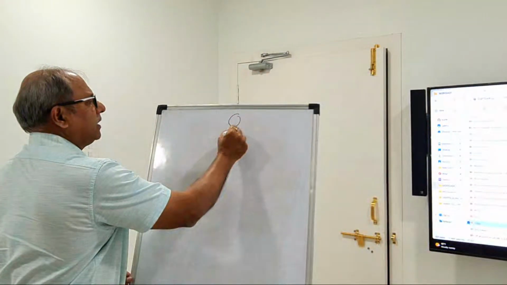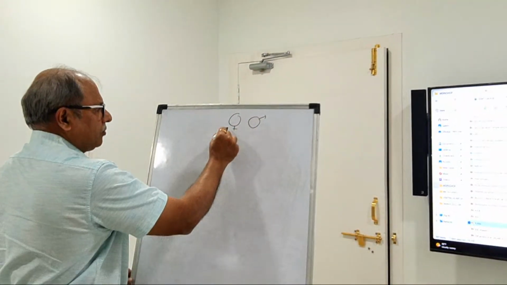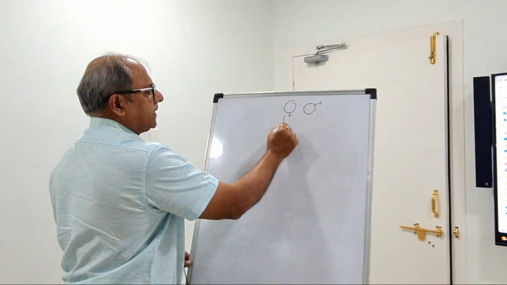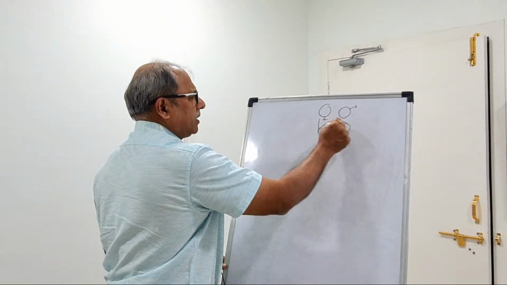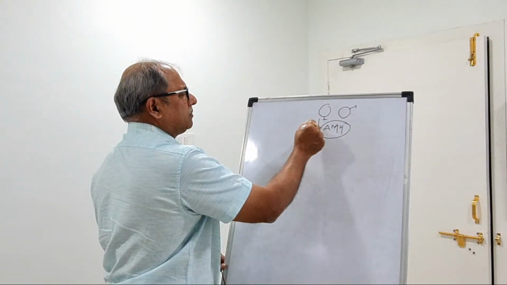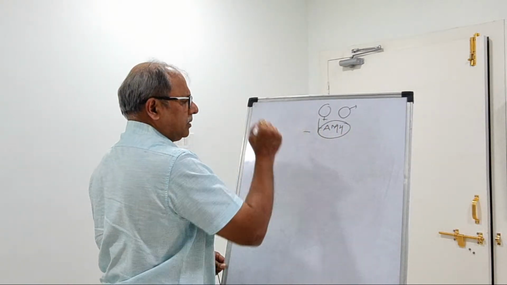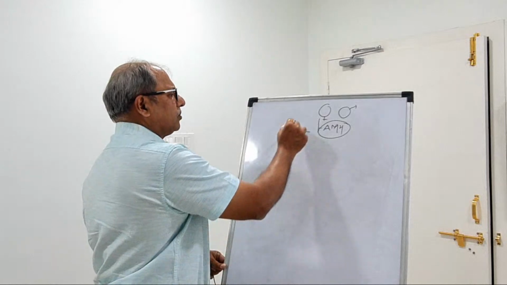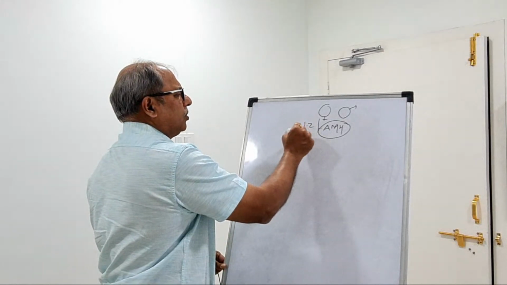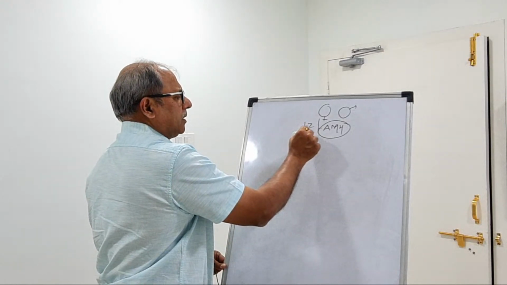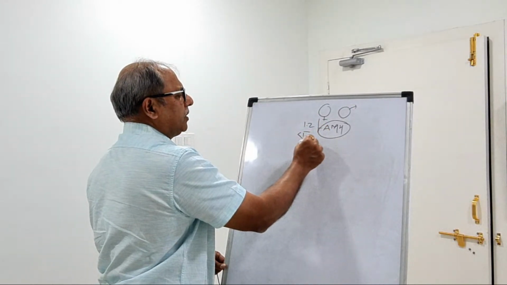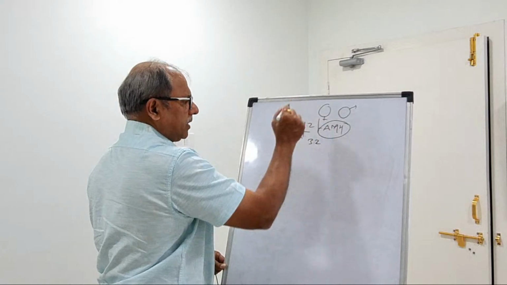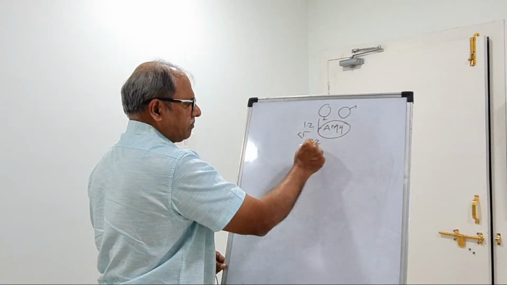For the wife, there should be a fertility test, AMH. It is very important to know whether she is fit for IUI or should go for IVF. Suppose it is 1.2 or less than 1 nanogram, then it is better to go for IVF. But if it is 3.2 or more, then we can go for IUI.